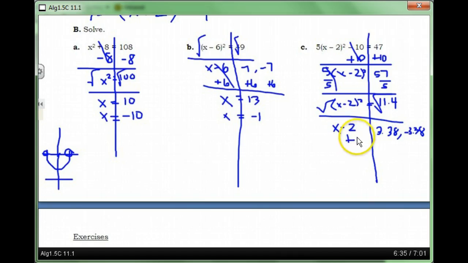Then I'm going to add 2 on both sides. And again, when I add 2, I have to add it to both answers. So x is 5.38, and it's also negative 1.38.